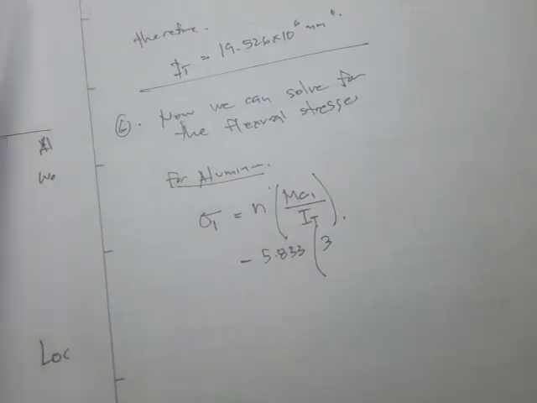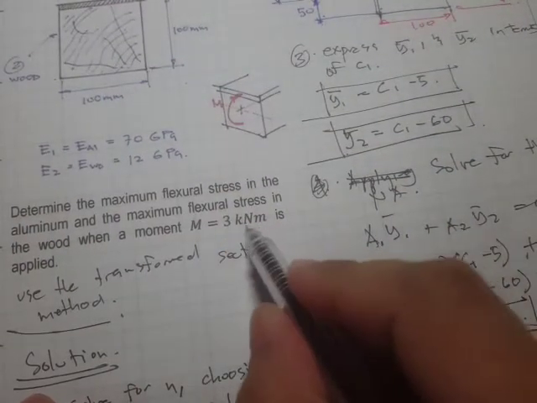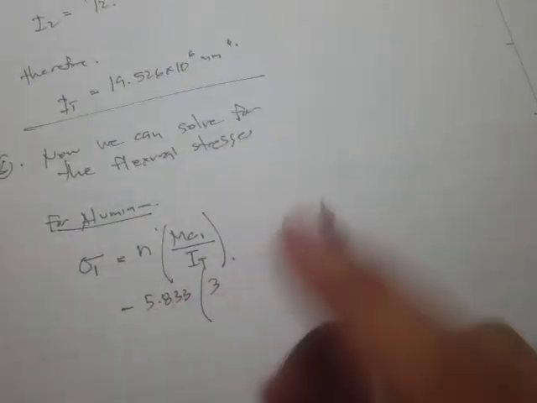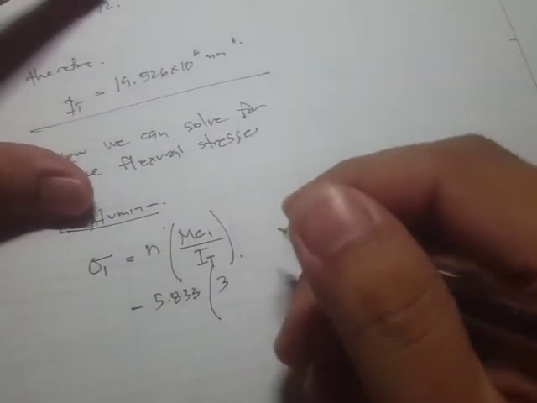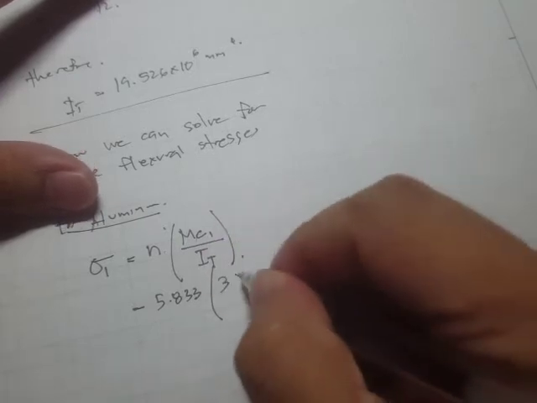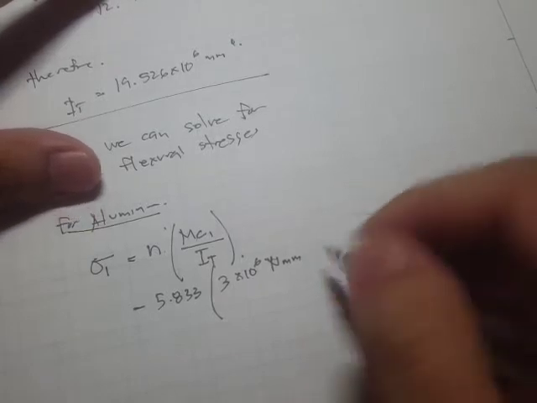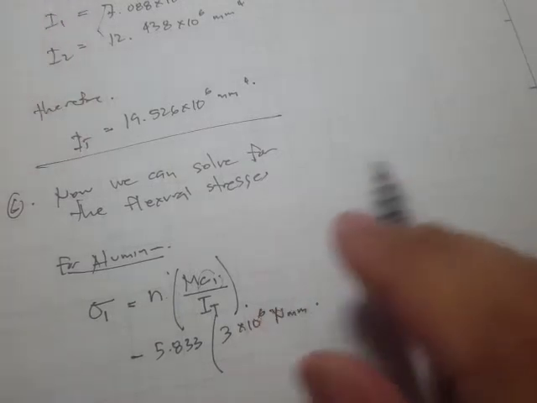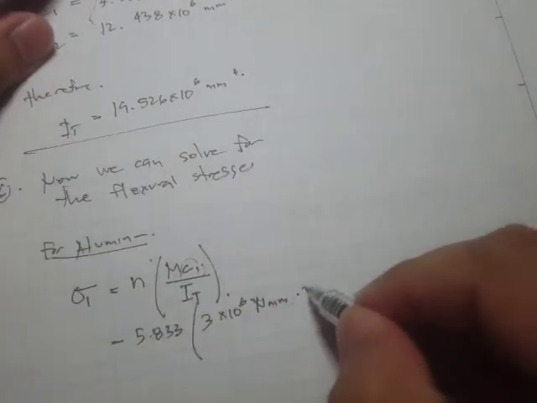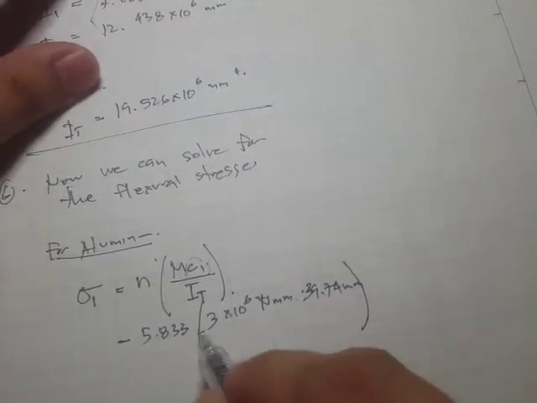Okay, and this one is 3. However, the given unit is 3 kilonewton meter, and I think we'll work with Newton mm, so that we can get the megapascals unit. So 3 times 10 to the 6, so that right here you get a Newton mm, times the distance, so c sub 1, which is 39.724 mm, divided by the I total.